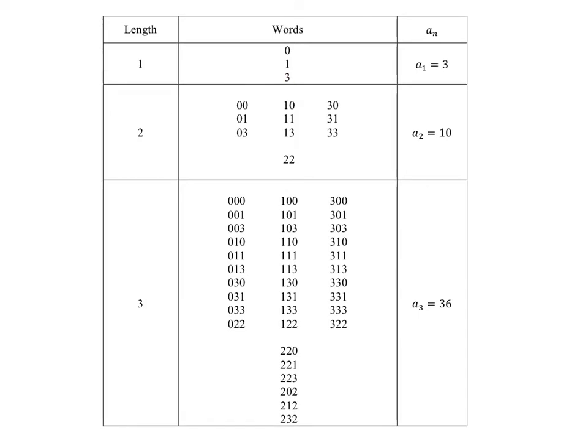One way to think about this is that our word either starts with a 0, 1, 2, or 3, and if it starts with a 0, a 1, or a 3, then we could just look back to all of the cases from before.